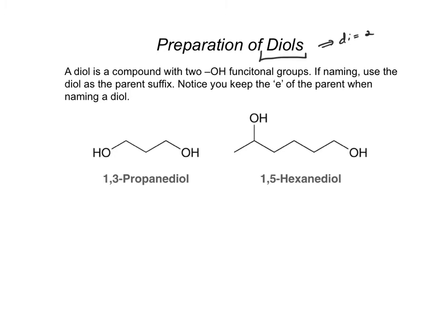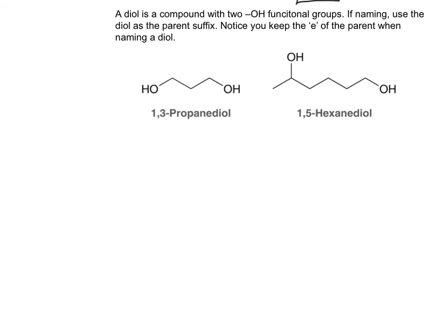So if you do have a diol, it actually has different rules with respect to nomenclature. For example, if I had a normal alcohol that looked like this and I wanted to name it, the first thing I would do is count the carbons. My parent chain has 1, 2, 3 carbons.